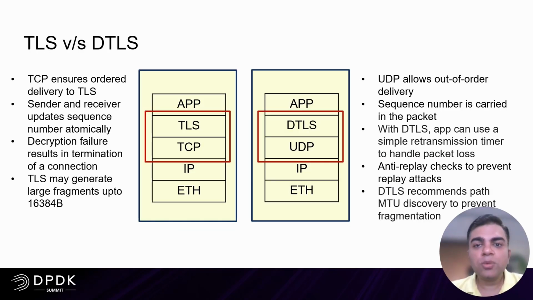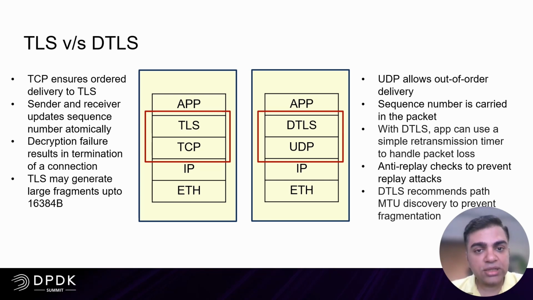TLS is implemented on top of TCP. Hence, it assumes all the features of TCP along with security. Now, there is another protocol added which runs over UDP, the DTLS, Datagram TLS. There are a few fundamental differences between TLS and DTLS, while the purpose of both is to provide security at layer 4.